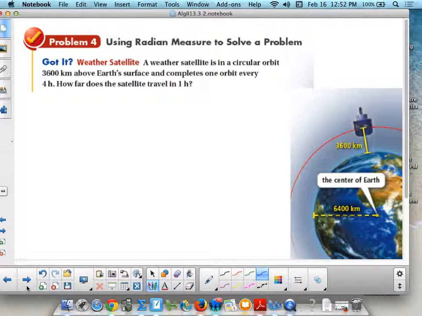So, do you want to start here? Well, you want to know how far in one hour. To me, in 1 hour, you got 1/4 of the circle. You gotta know what fractional part of the circle it really is.